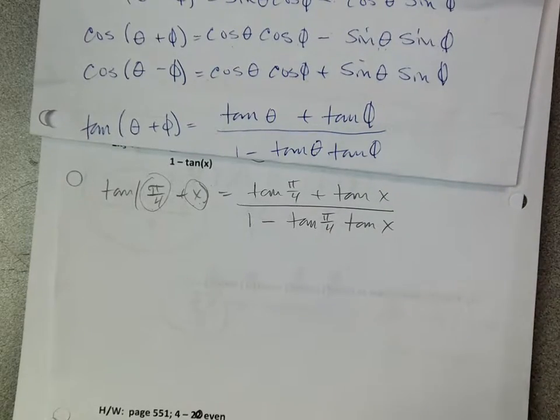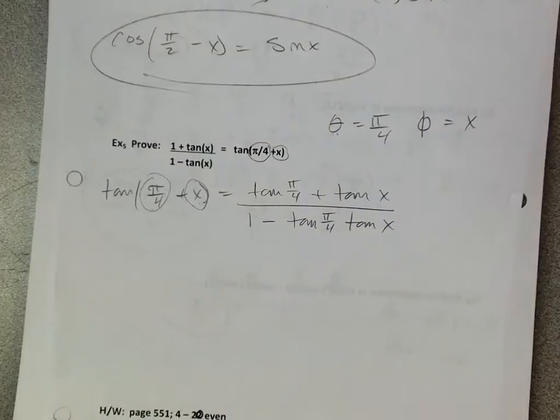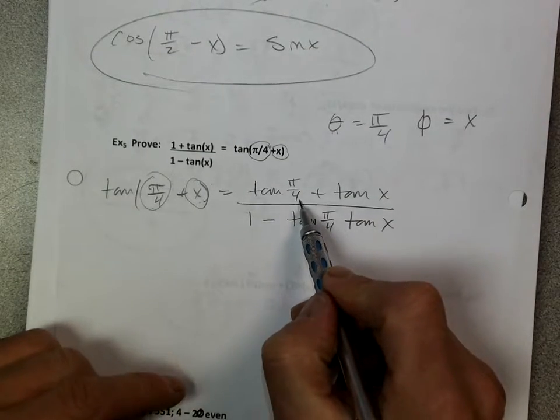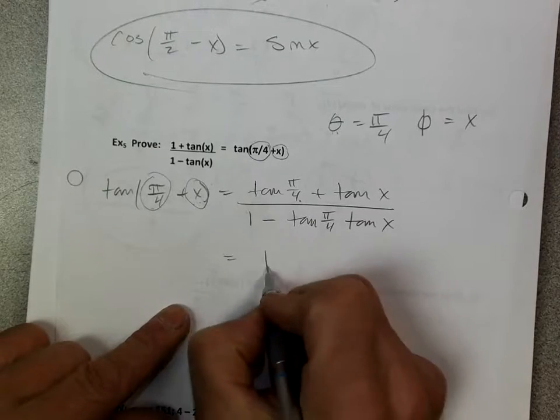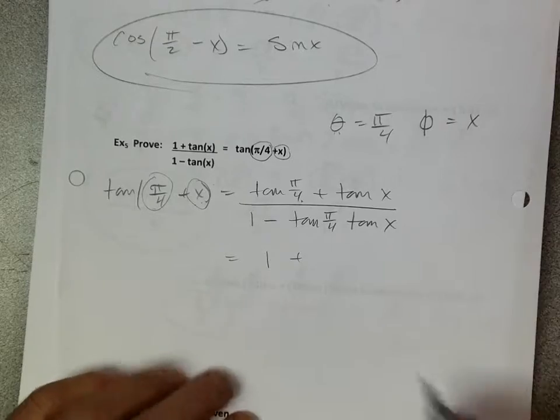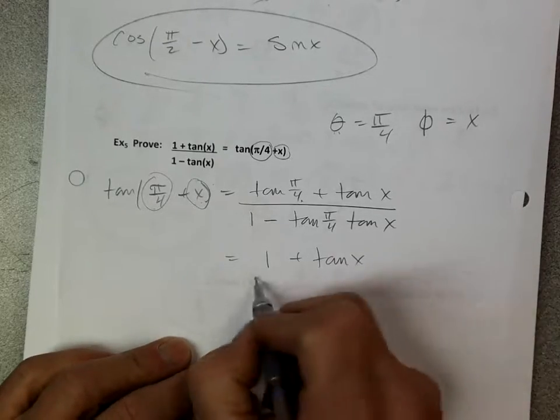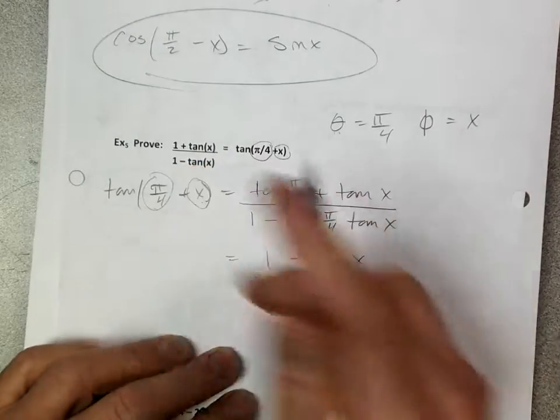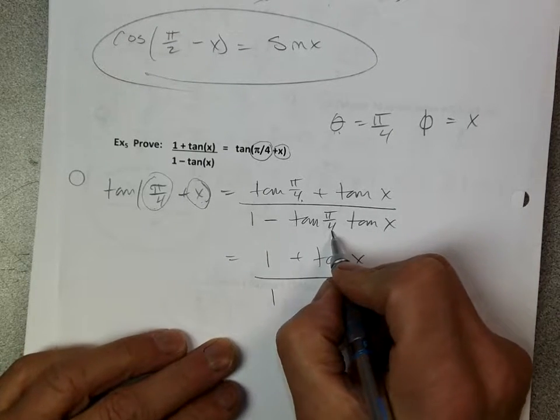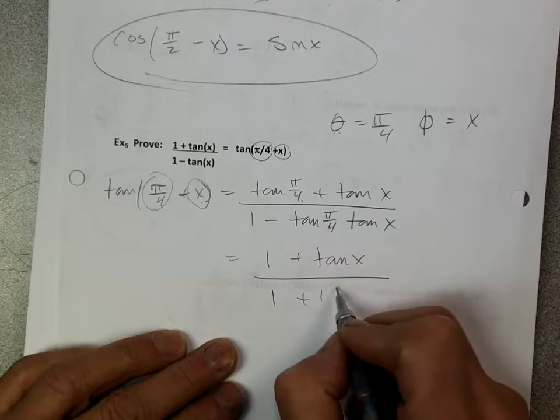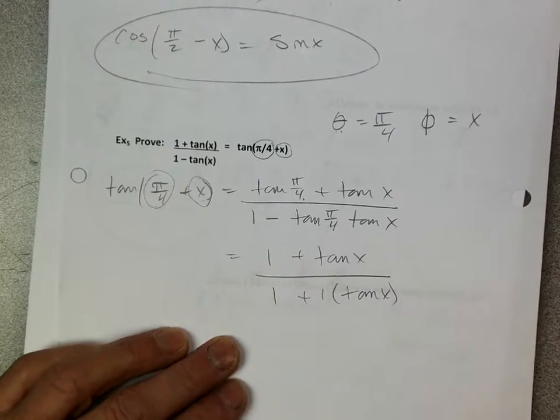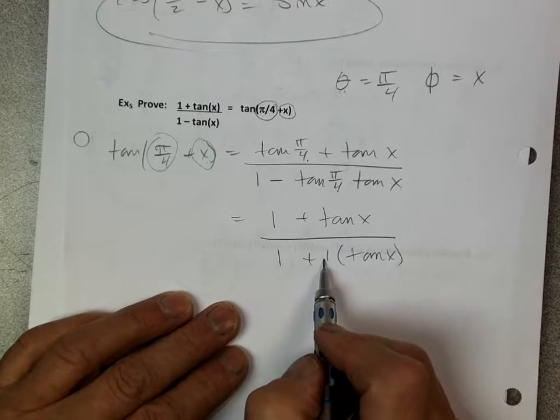All right. So let's go to the unit circle and see what we get. Tangent of pi fourths, well, it's the x, on the outside of the circle. It's just 1. So I get 1 plus tangent of x. I don't know what x is, so I have to leave it as tangent of x. But that's okay because it's looking like it should anyway. Over 1 times tangent of x, I don't need the 1.